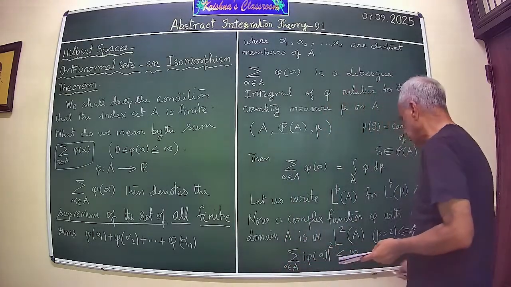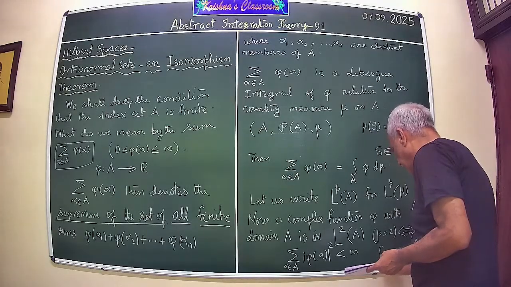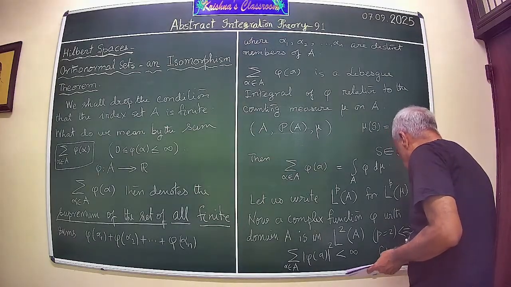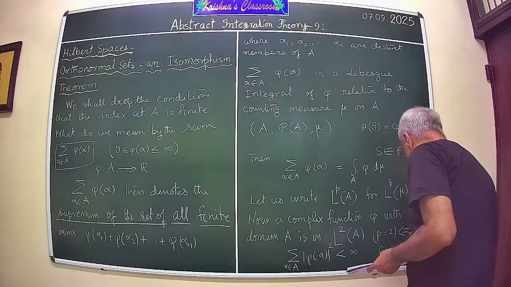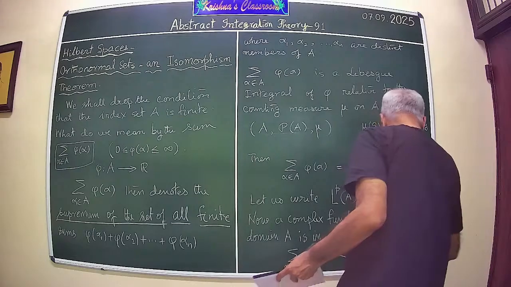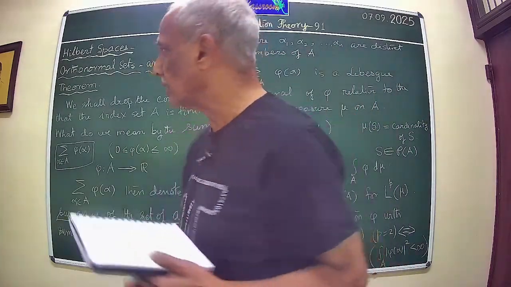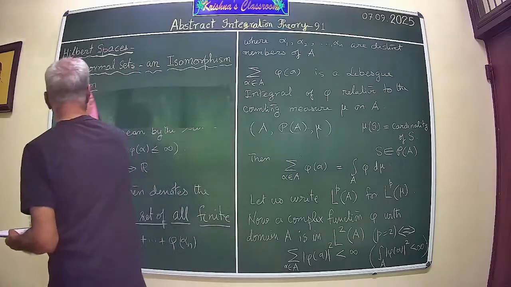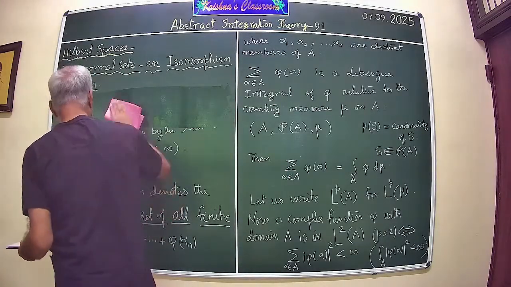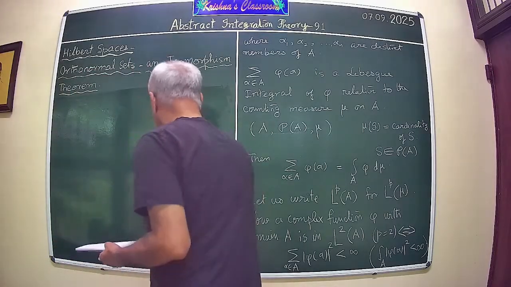This is essentially the same as the integral over A of mod phi squared is finite. So this is the same as this. So we consider such functions. Likewise, you have for any Lp. For Lp, you replace that 2 by p.